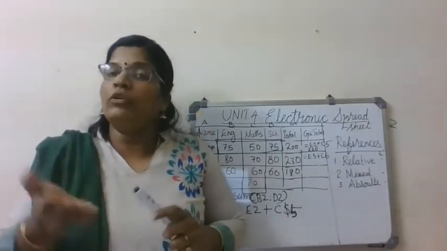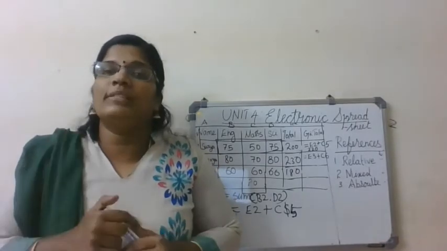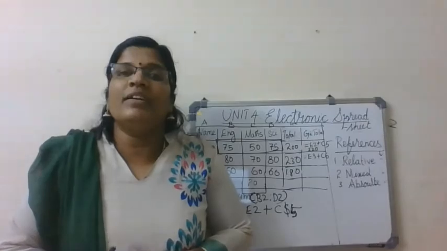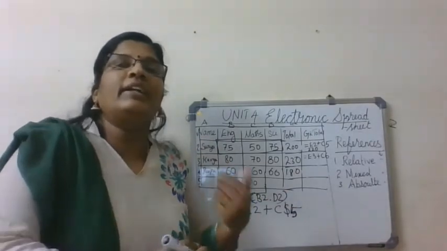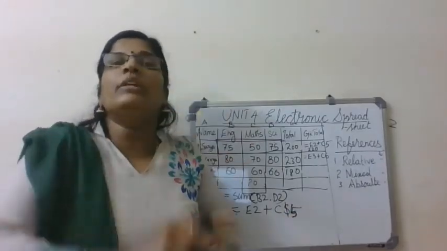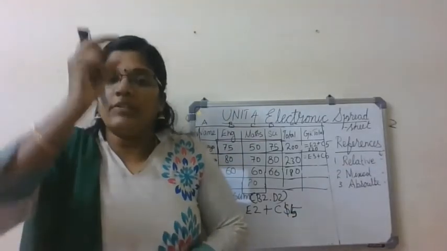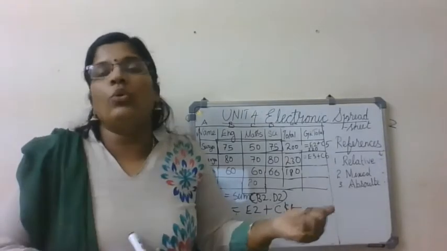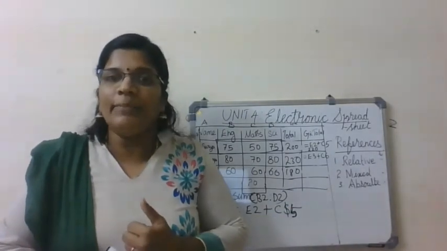Before the row number, we have to use a dollar symbol. And if it is a horizontal mixed reference, then the column header should contain a dollar symbol, dollar C5. If it's a vertical reference, we have to put a dollar symbol before the row number. Is it clear? That's good.